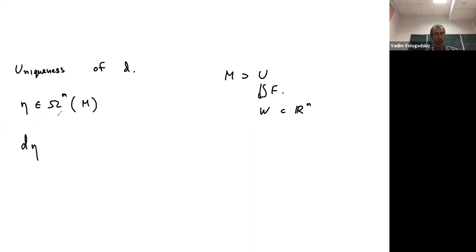This must be an (m+1)-form on M, and it's determined by its restriction to open charts. So let's describe this.